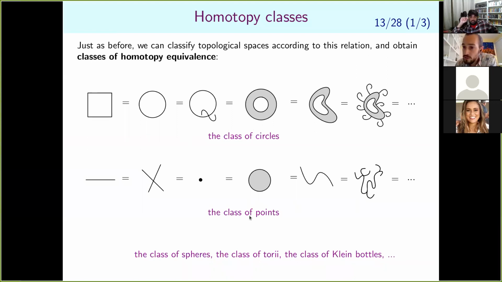In the class of points, we find the interval, but also crosses. We find open and closed balls, etc. And we have the class of spheres, of tori, of Klein bottles, right? So these are wider classes than with the homeomorphic equivalence, but still contain each common topological object.